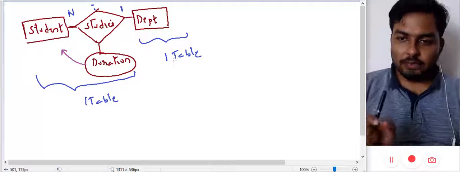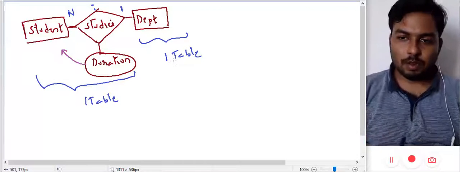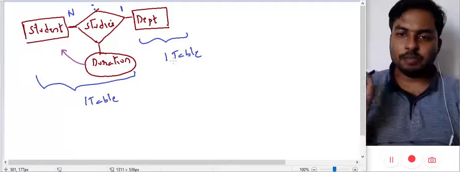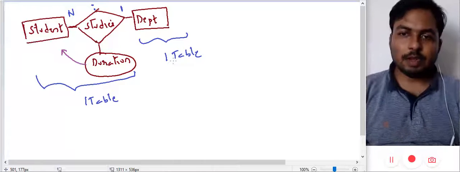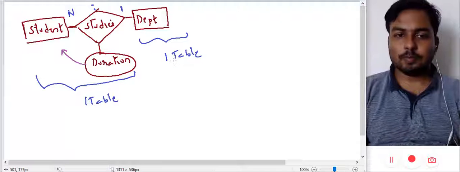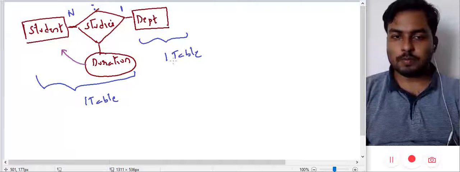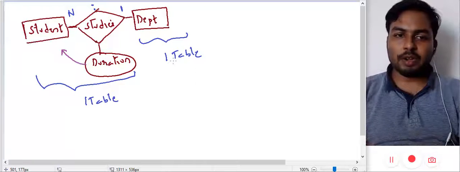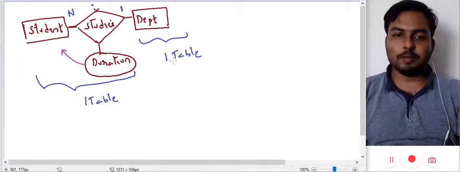Along with the attributes of the student table, you'll have one foreign key of the department table, and also a separate column for duration, because duration is also an attribute.